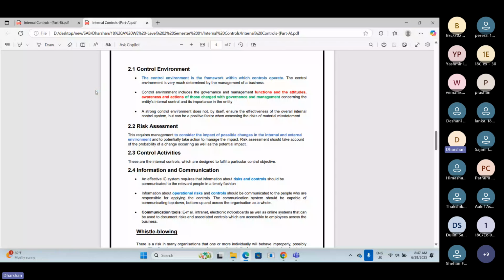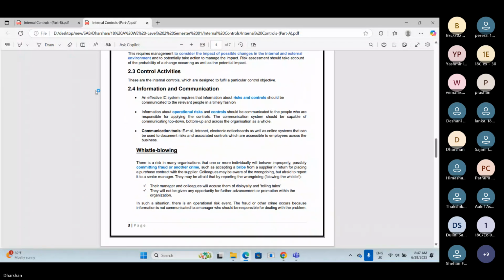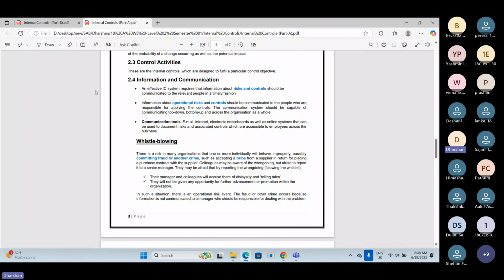And control activities we have been discussing now as a separate topic, control procedures. I will come to that one later. And the fourth main element is information and communication. First, what are the things that must be communicated and informed to the employees of the organization, because employees play an important role in implementing internal control?